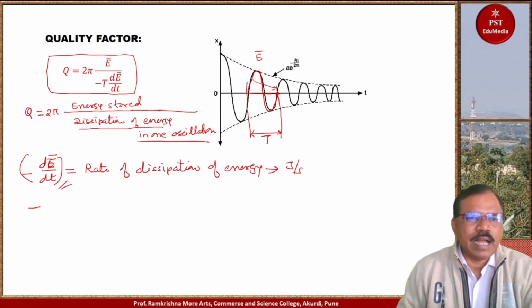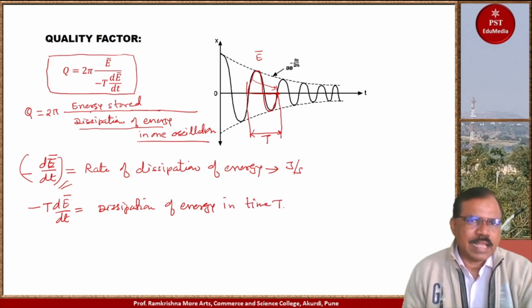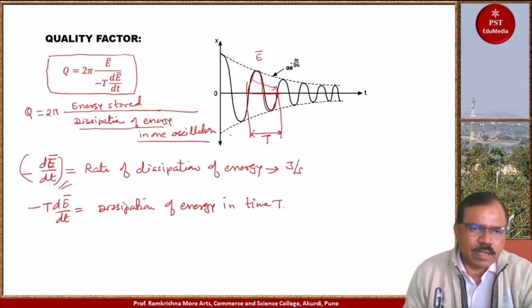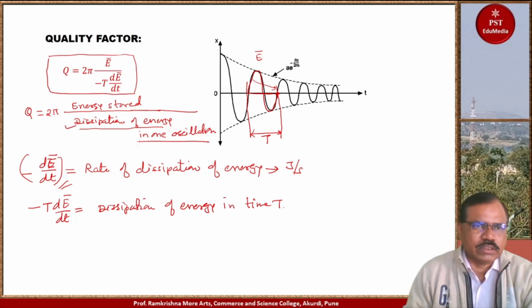So minus T into dE bar by dt gives the dissipation of energy in time T. And time T is the periodic time, the time required for one oscillation. So this gives you the dissipation of energy in one oscillation.